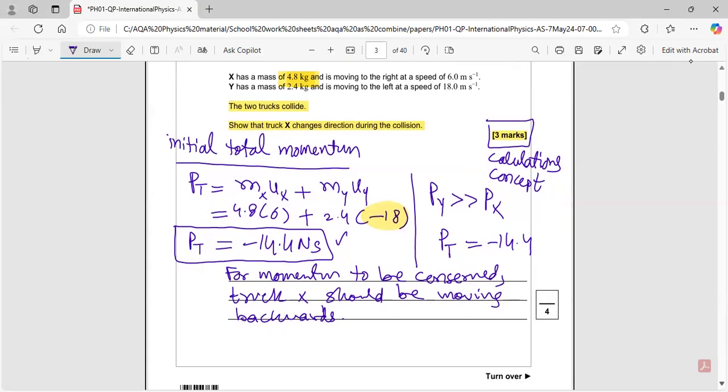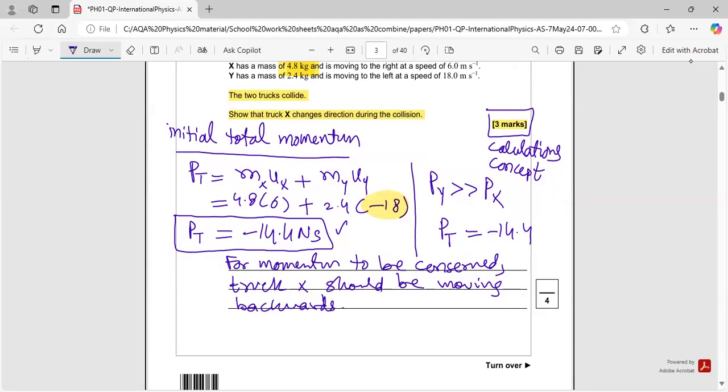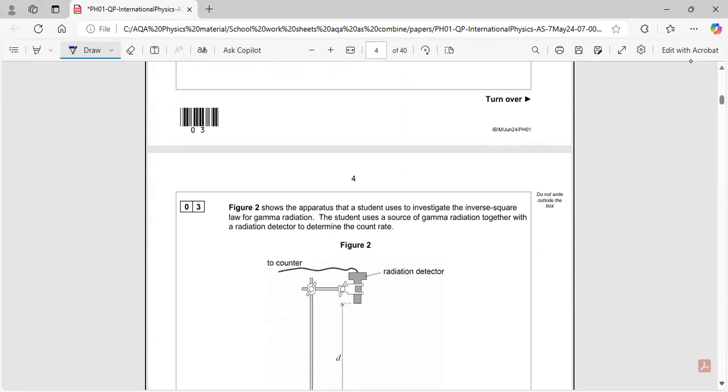That's it. So that is your answer. 3 marks: 1 mark for the calculation, the second mark for identifying that the momentum is conserved, and the third is concluding your answer.